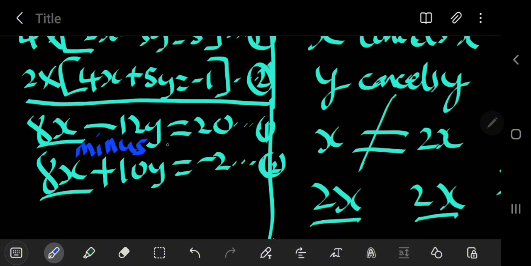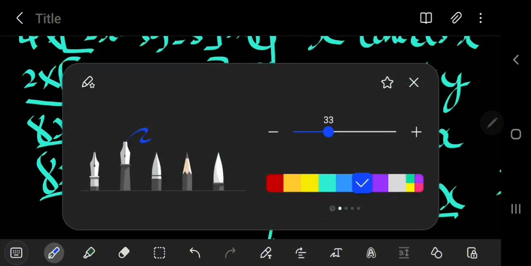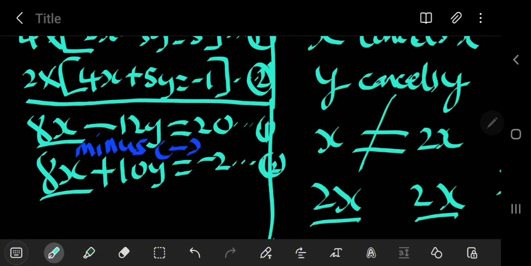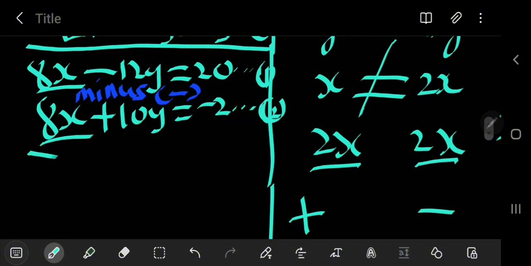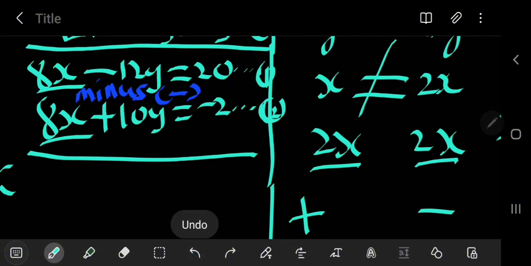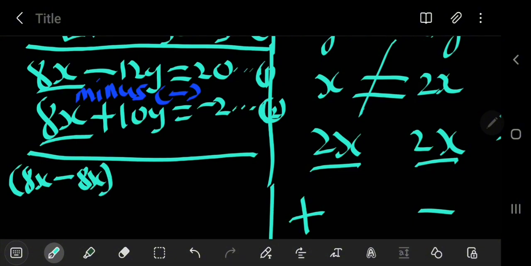Now this means we have to effect the minus all through, starting from our 8x, being the first from the left. So 8x minus 8x. Some people like it this way. Along the way you become a pro. I would have done that in my head, but let's do it outside. 8x minus 8x.